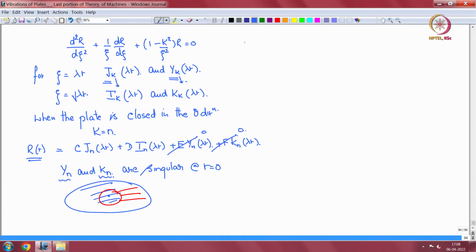Now please don't confuse this. That k is the number which became n, whereas this K is the Bessel function name, just as J, Y and I. So please do not confuse.